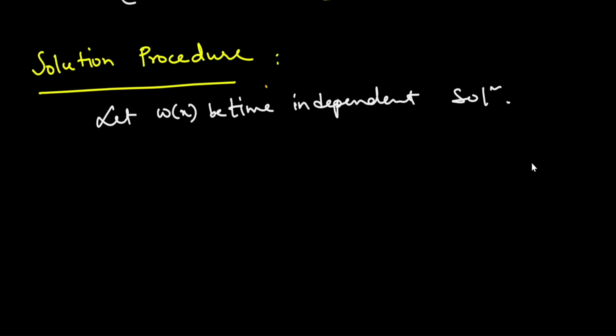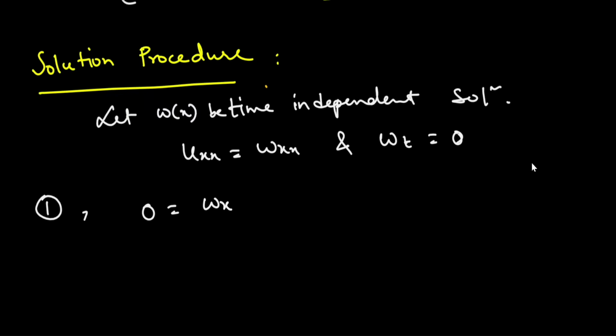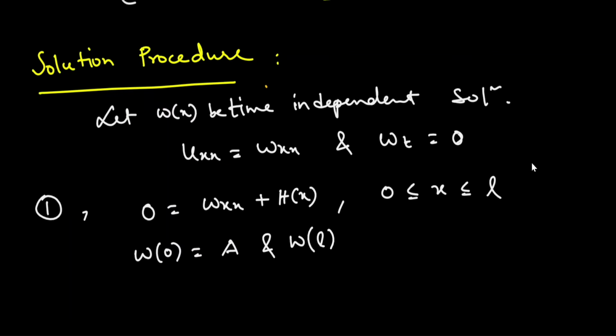So this satisfies the heat equation, so we can write w_xx equal to u_xx, and w_t equal to 0, since w is time independent. Therefore from equation 1 we can write 0 equal to w_xx plus h(x), 0 less than or equal to x less than or equal to L, and w(0) equal to A, and w(L) equal to B.